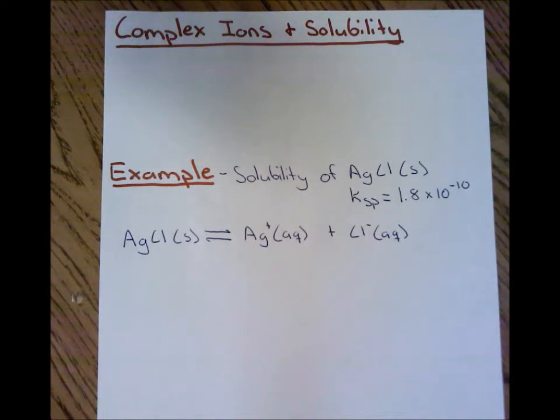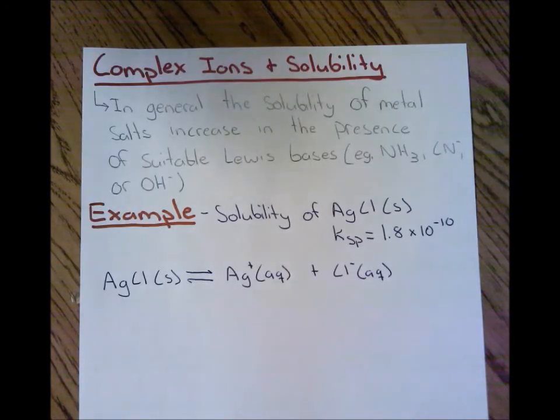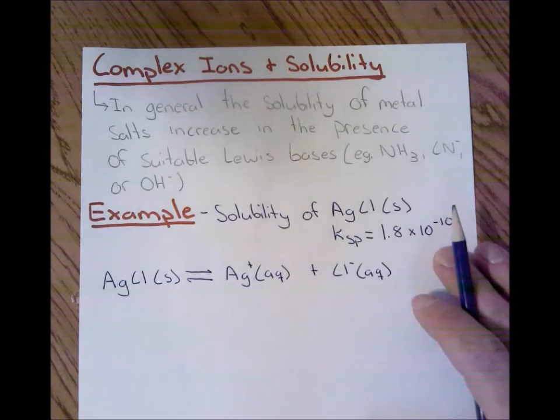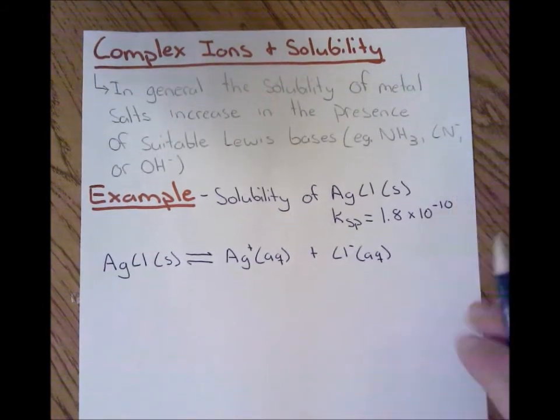Okay, so the best way, again, to see this particular example is through an actual equation. So we have the solubility here of our silver chloride, and everything is written out here. And now we start out with this. The solubility is greatly increased if ammonia is added.